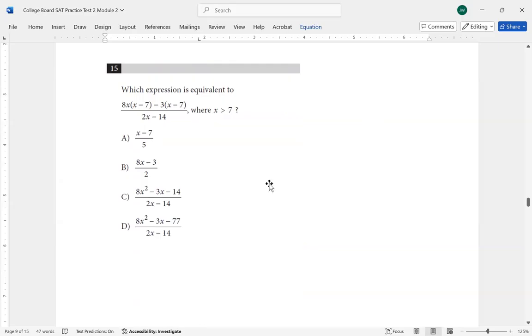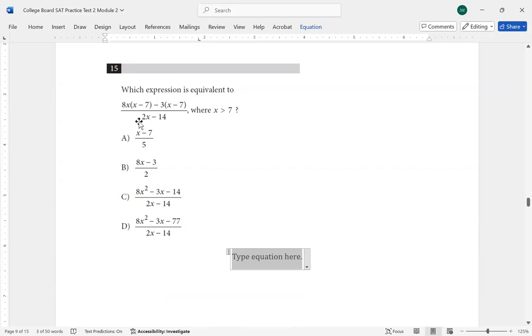For question 15, it says which expression is equivalent to 8x times the quantity x minus 7 minus 3 times the quantity x minus 7, all divided by 2x minus 14, where x is greater than 7. Now, this seems like it's a tough deal. It's not quite as tough as you may think it is if you see the trick.